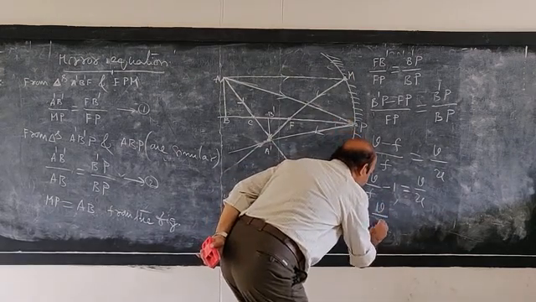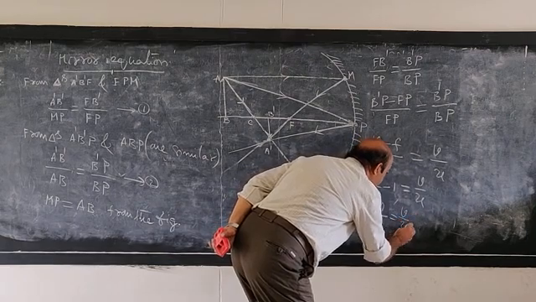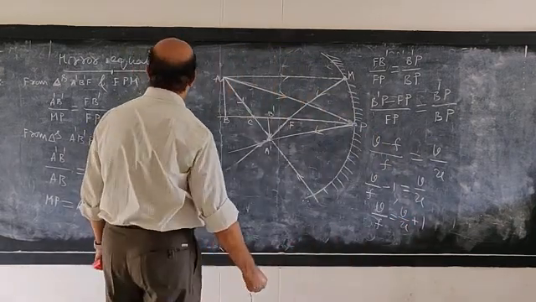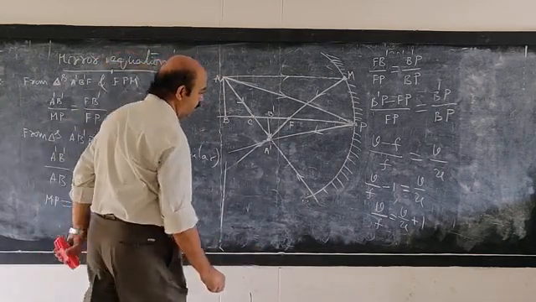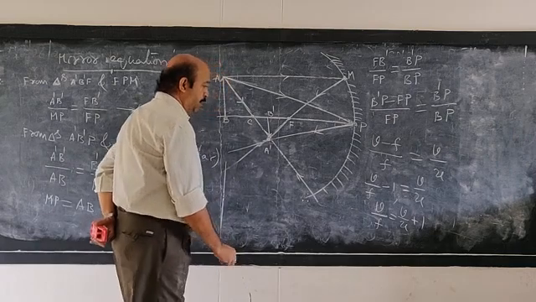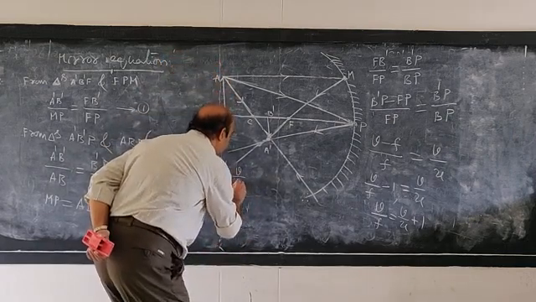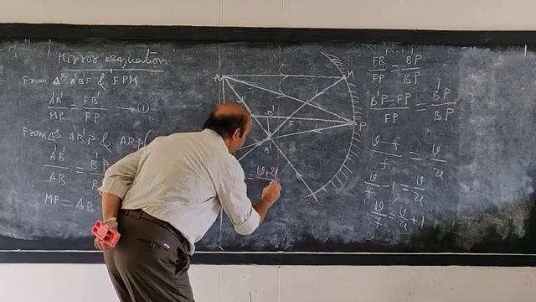V by f is equal to V by U plus 1. And then we can write V by f is equal to V plus U by U.